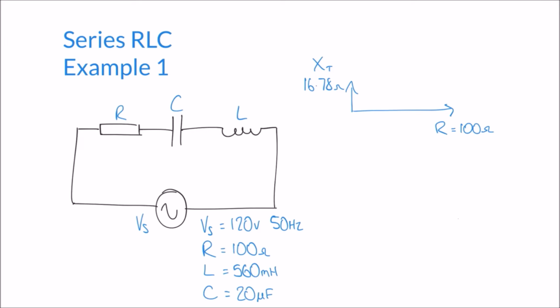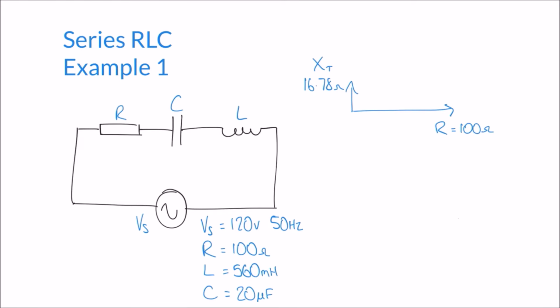So now that we've calculated the total reactance in our circuit, and we're also aware of the resistance in our circuit, we can use both of these to calculate our impedance. And the best way to do this is to visualize our impedance triangle. So if we have our resistance going off to the side and our reactance going up the side, then the resultant of these two is going to be our impedance.